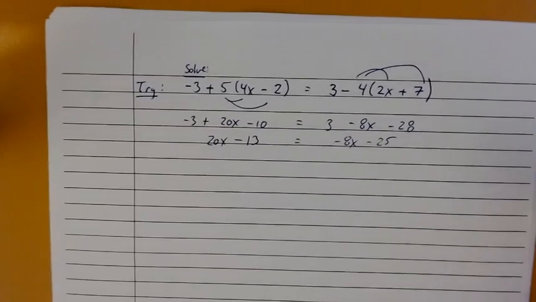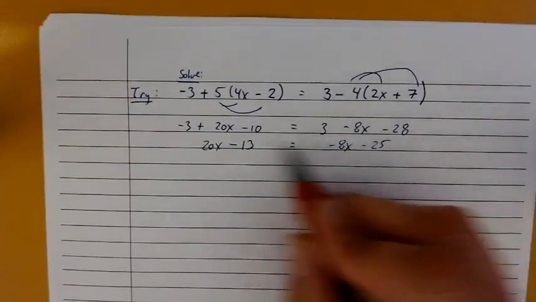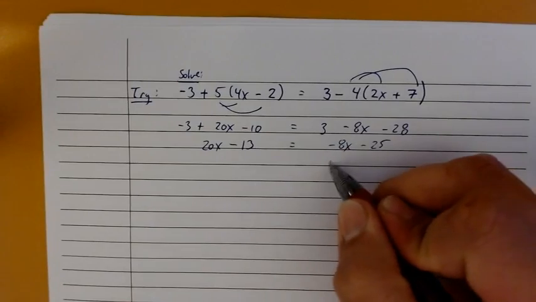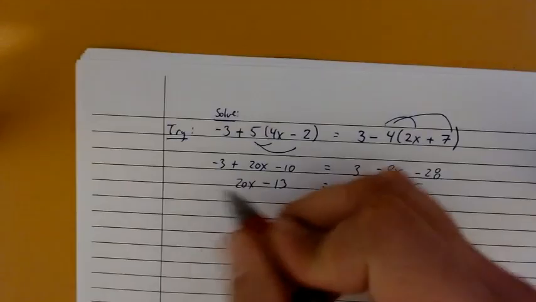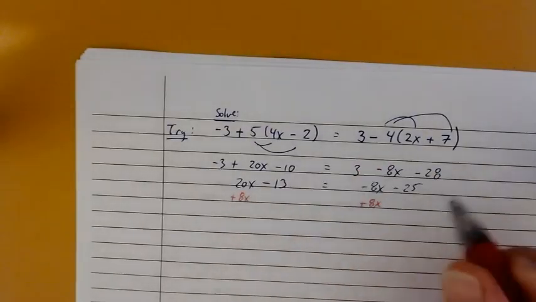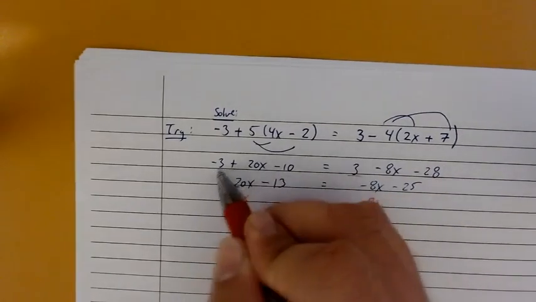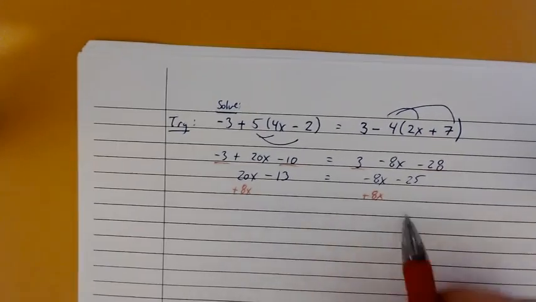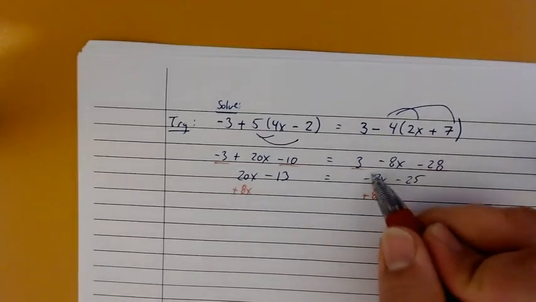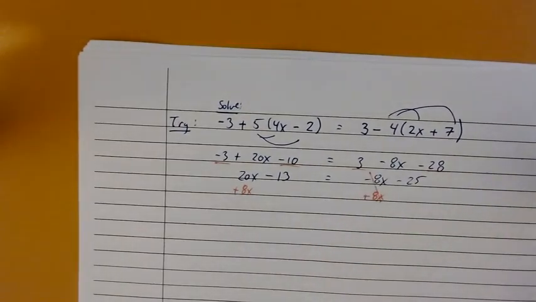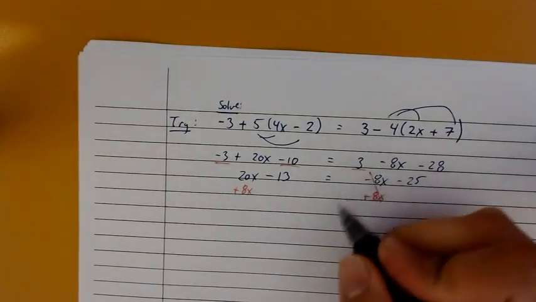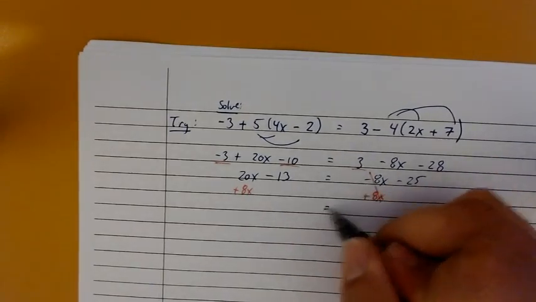So now what we want to do is get rid of one of these variable terms. And I'm going to go ahead and pick on this one. Let me add 8x to both sides. And here we combine those, and here we combine those. By adding 8x, that's going to make this minus 8x go to 0. We don't want any variables on this side.